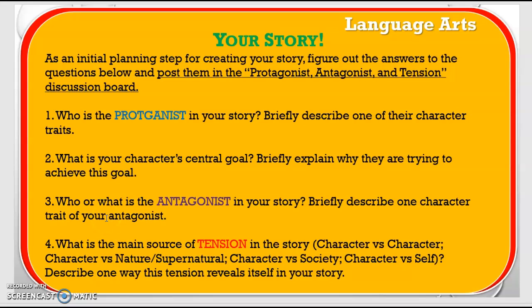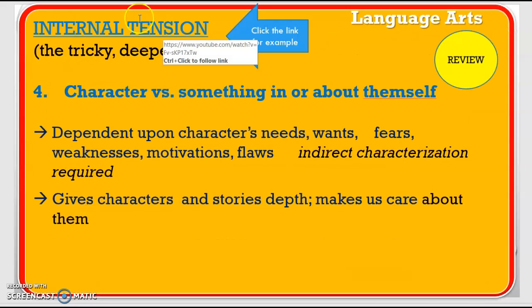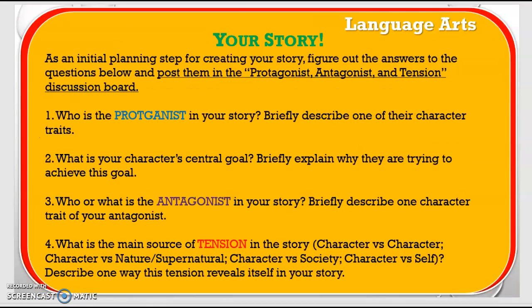Oh, and there's a link back at the internal tension slide right here where you can see a clip of an example from a movie of an internal monologue about a character struggling with themselves. Okay, back here. And then the last thing is, what is the main source of tension in the story?